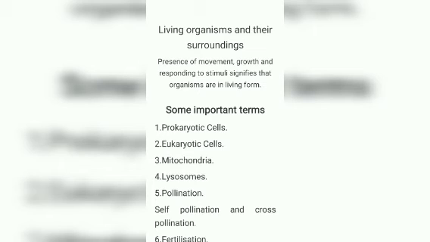Another one is cross pollination. In cross pollination, the transfer of pollen grains occurs between two different flowers, meaning flowers of two different plants, from one plant to the flower of another plant. It can be facilitated by air, water and insects.